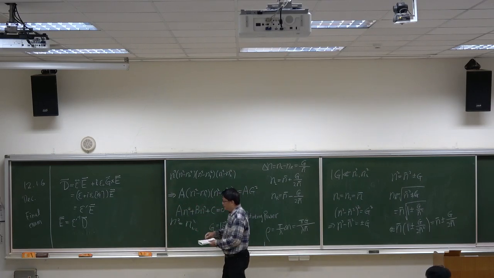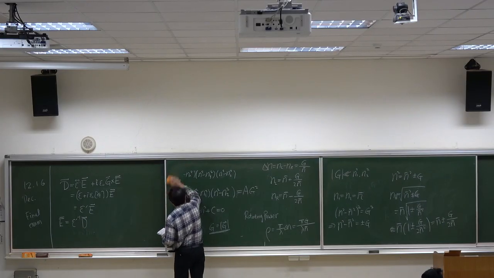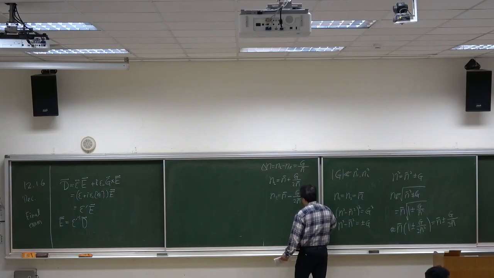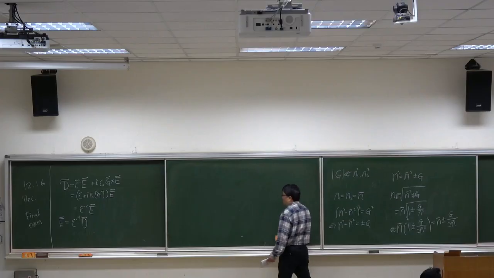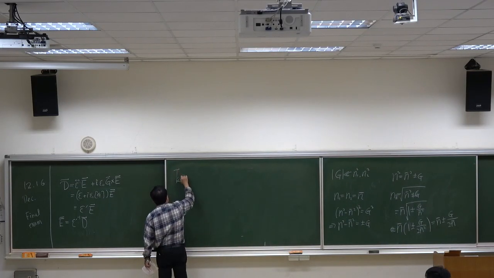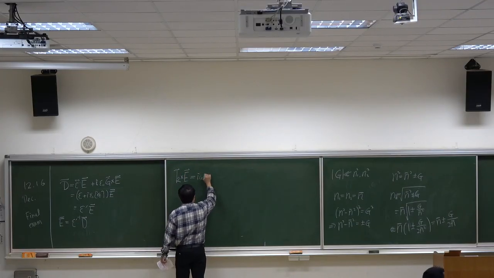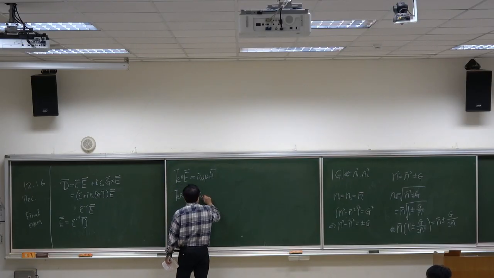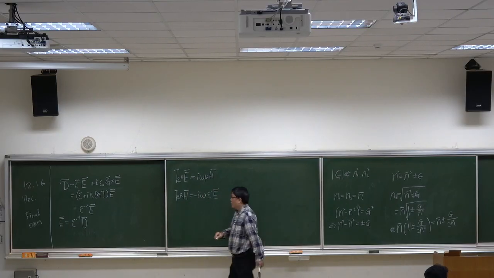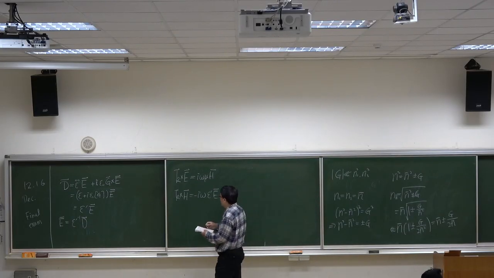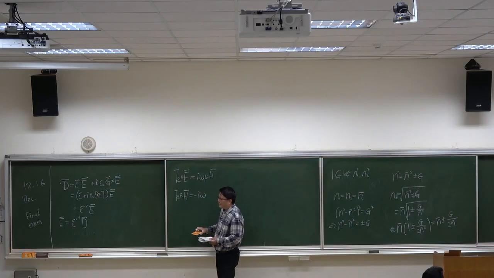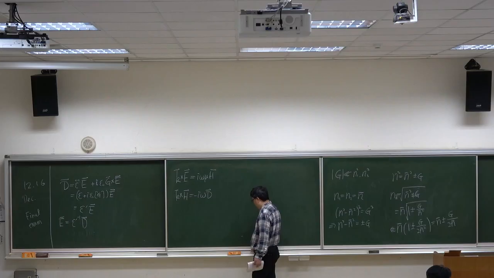Okay. And since we have these two equations, so we can write, although we can use E vector as our variable, we can instead use D as our variable.